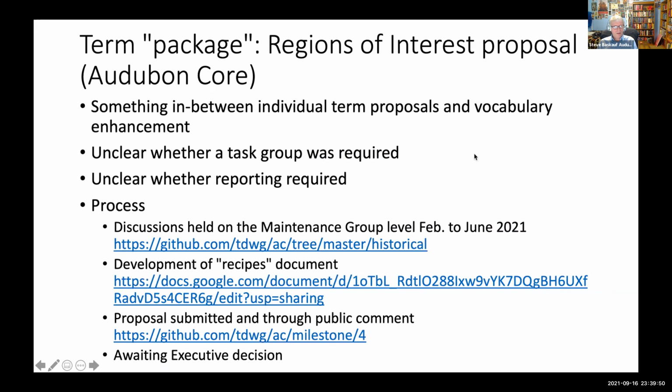This was a set of terms that were related to each other, but they weren't a really full-blown vocabulary enhancement. And so the maintenance group decided that they didn't need a task group, and the maintenance group itself got some experts in, did some research, and then developed the proposal between February and March of this year.